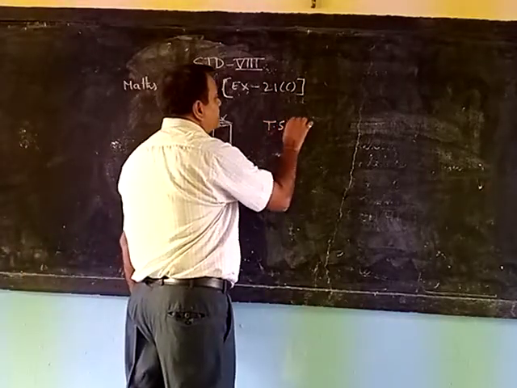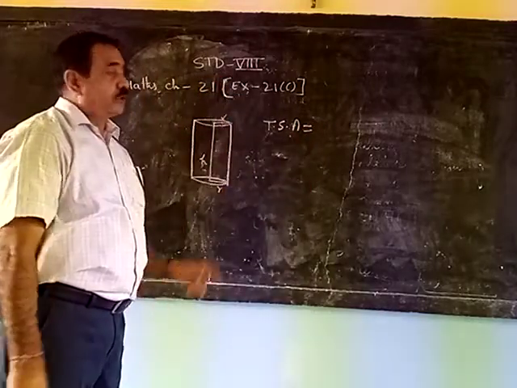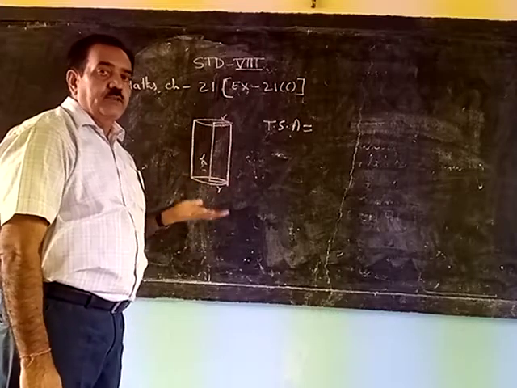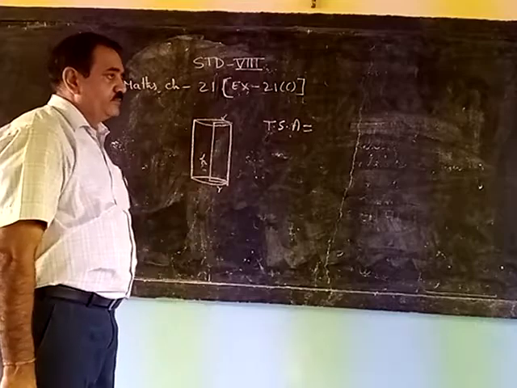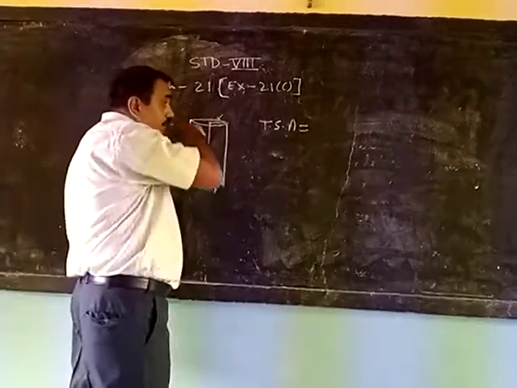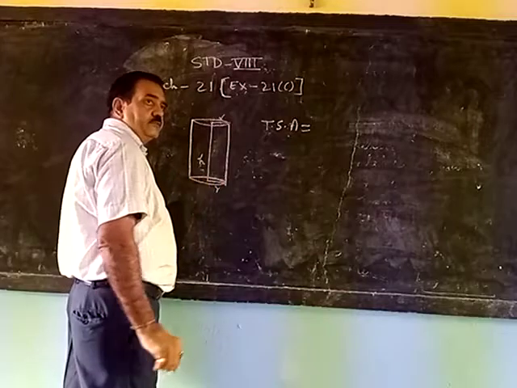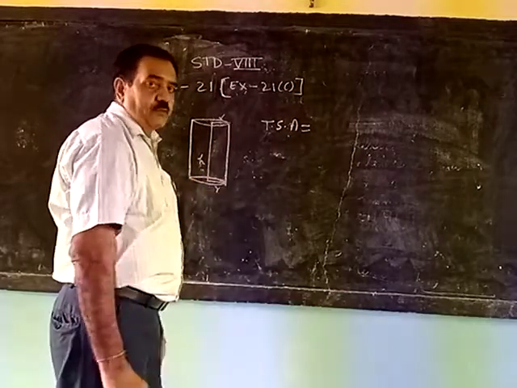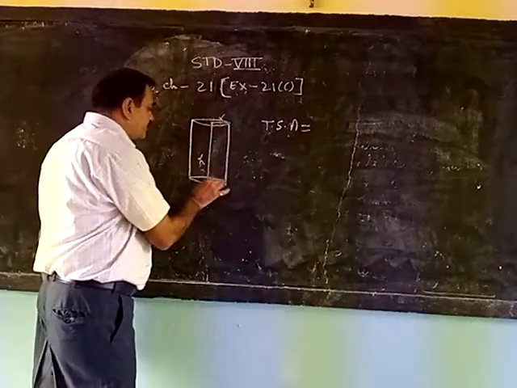So first, total surface area. What is area? You know the unit of area is centimeter square or meter square. So how will we get the area of the cylinder? See, this is a circle. What is the area of this circle? Pi r square. And what is the circumference of the circle?